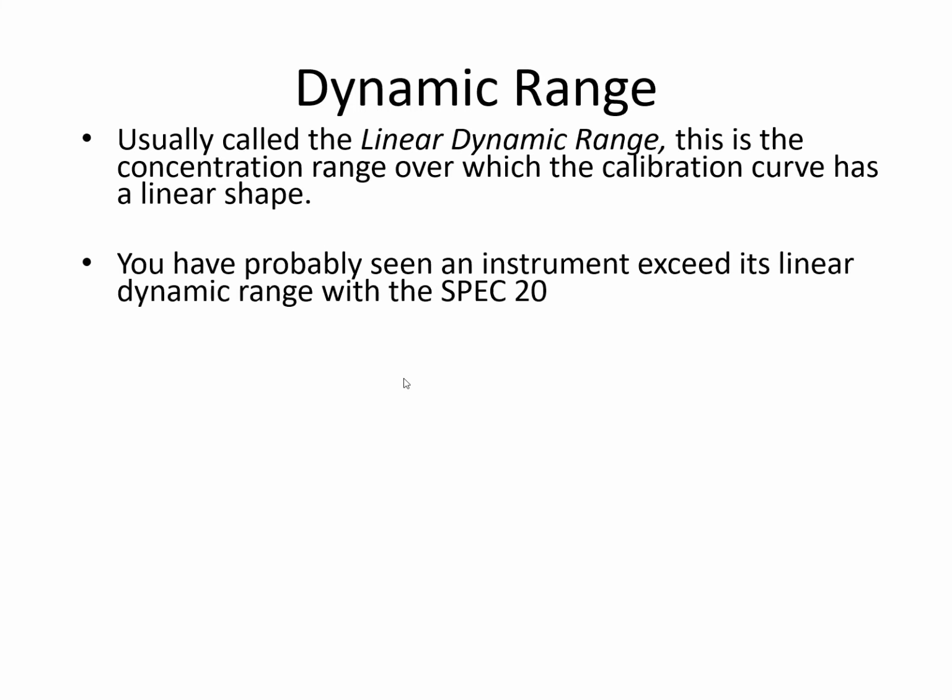You have probably seen an instrument exceeding its linear dynamic range, for example, with the Spec 20 spectrophotometer, which some of you may be aware of, as we use it for general Gen Chem.